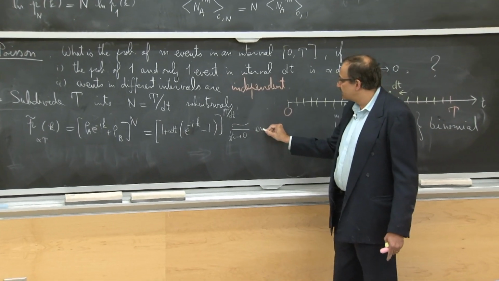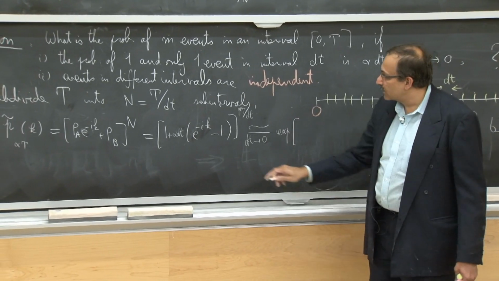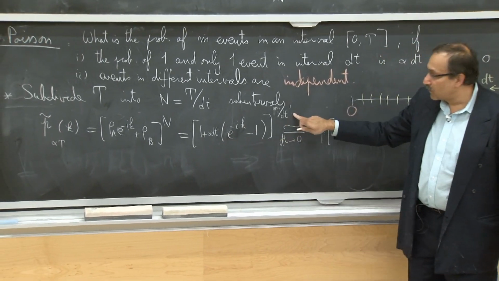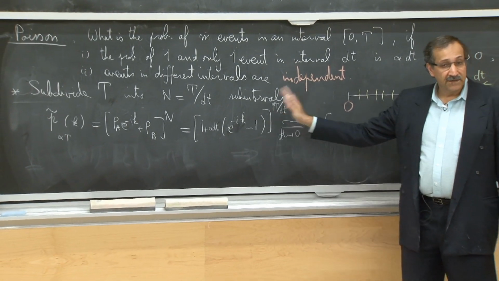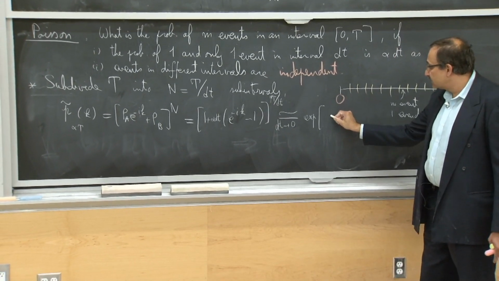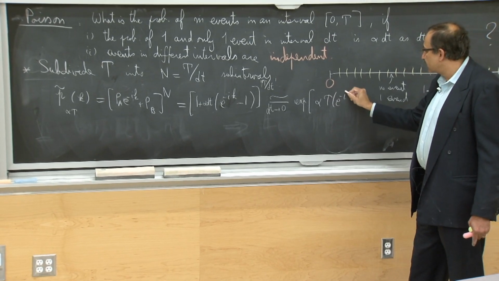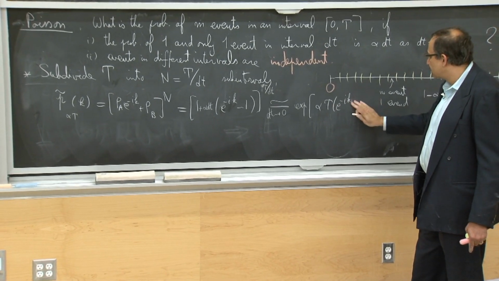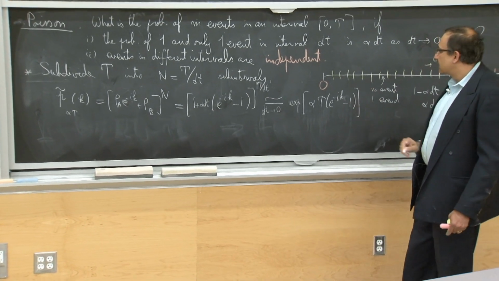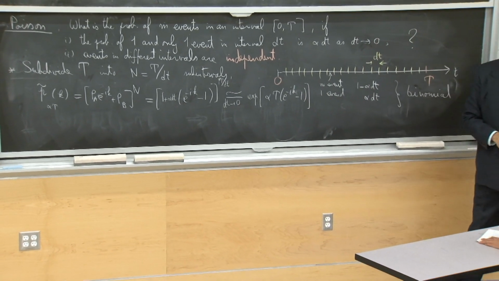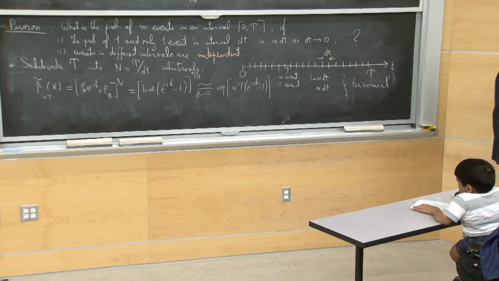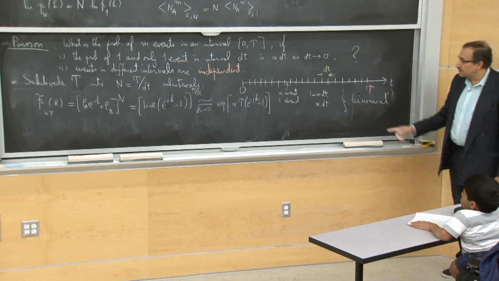So basically, this is the same thing as exponential of what is here multiplied by what is here. The dt's cancel each other out. And the answer is alpha t (e to the minus ik minus 1). So the characteristic function for this process that we described is simply given by this form.